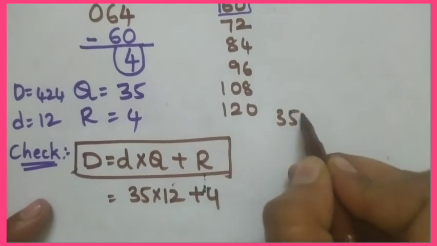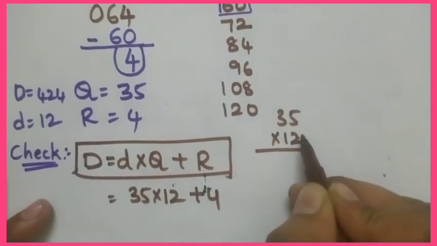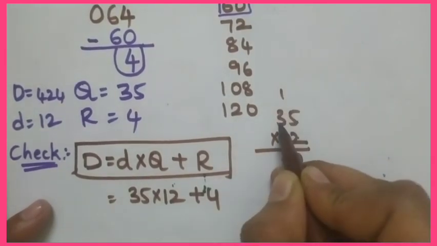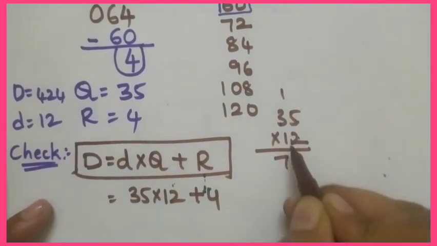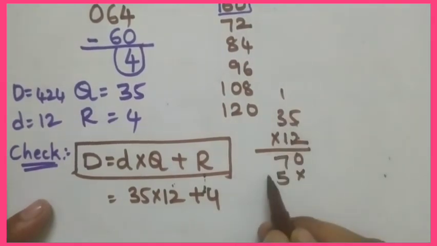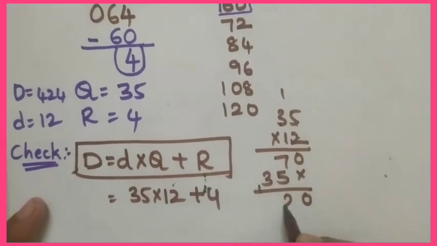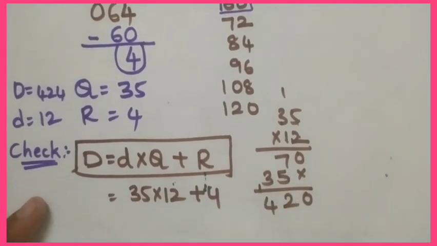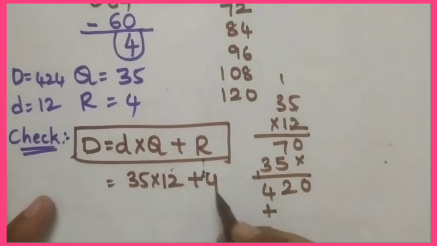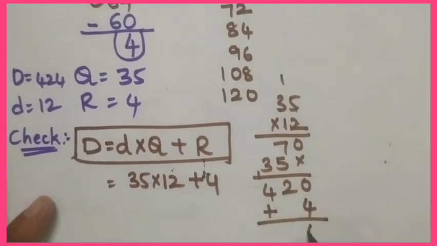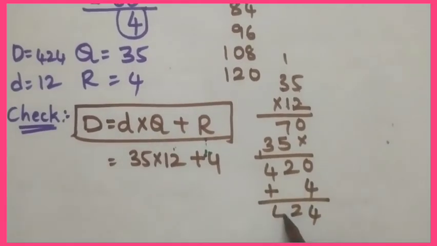Look, 35 into 12. 2 5s are 10, 1 carry, 2 3s are 6, 7, 1 5s are 5, 1 3s are 3, 0, 7 plus 5 is 12, 3 plus 1 is 4, 420 plus this 4, 424.